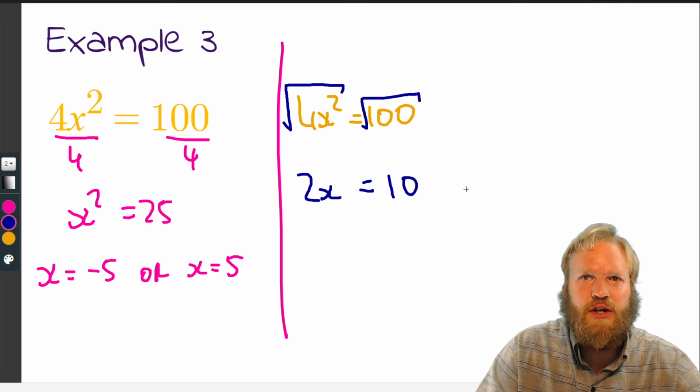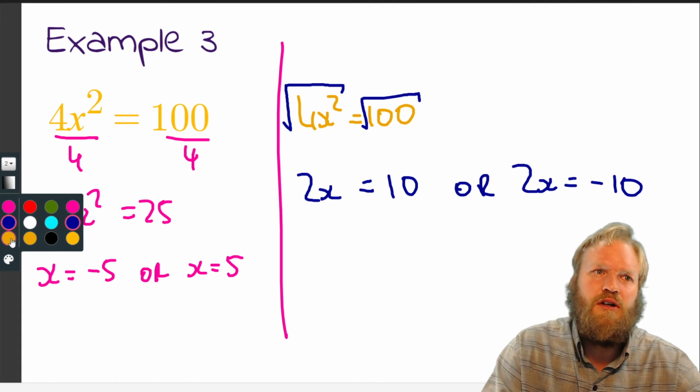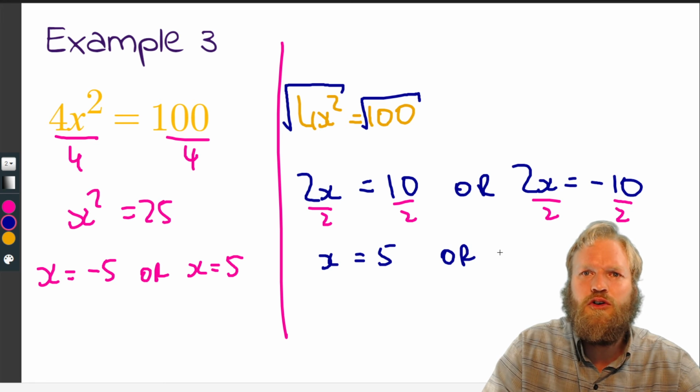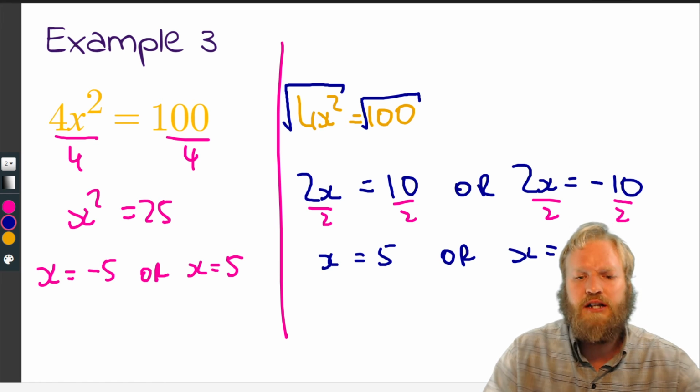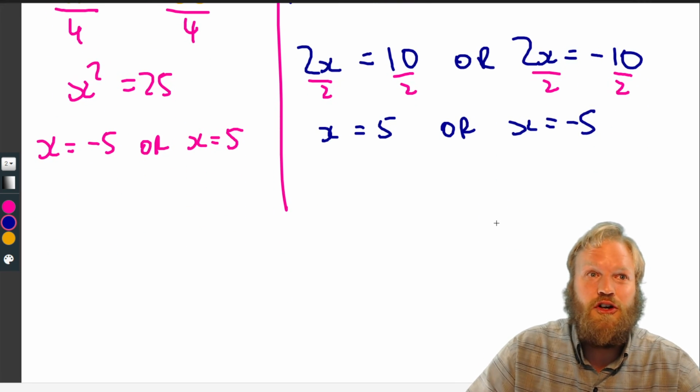The positive square root, or 2x equals the negative square root of that, -10. Okay, this looks great. Let's divide by 2. Same thing we're going to do in both equations. x equals 5 or x equals -5. Okay, so they're 2 so long.